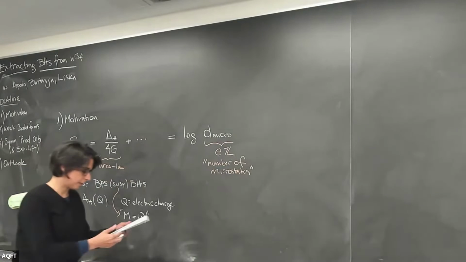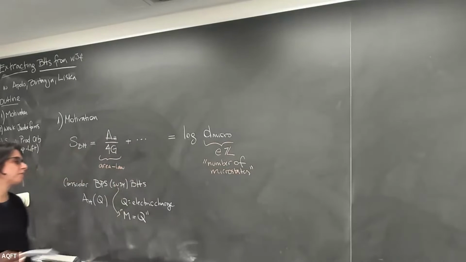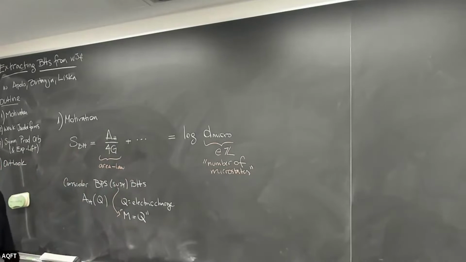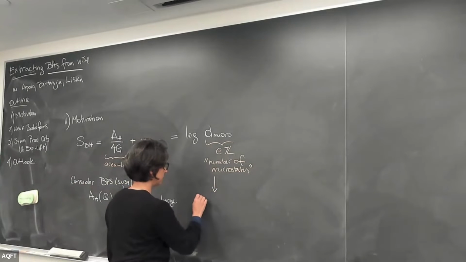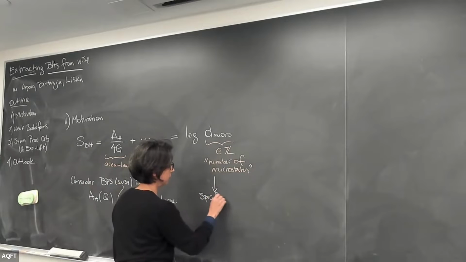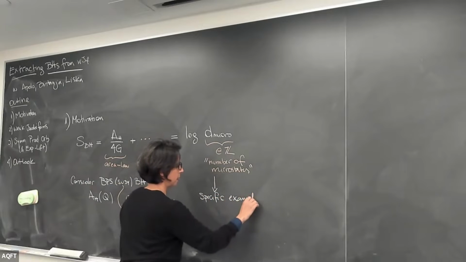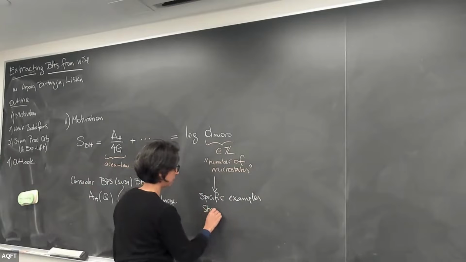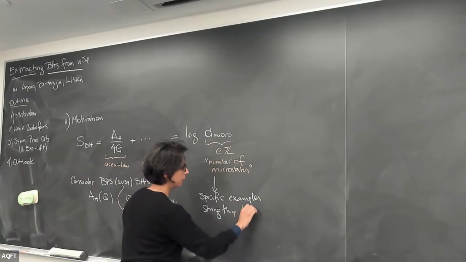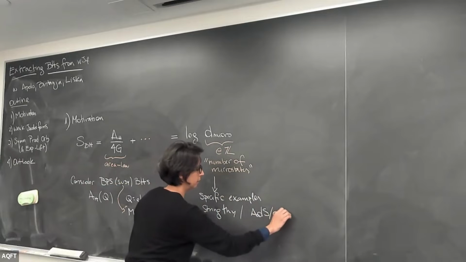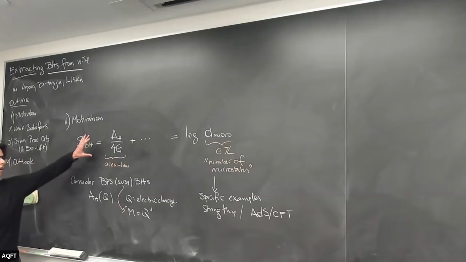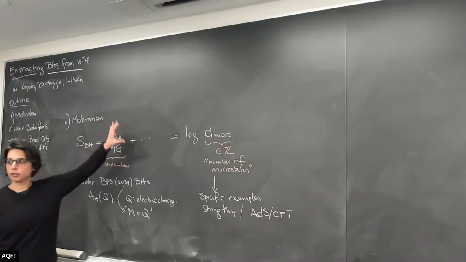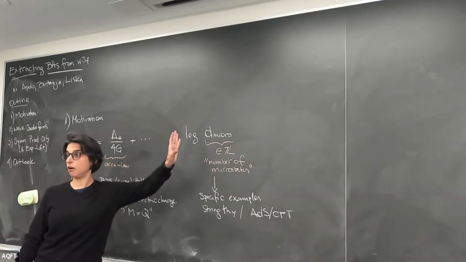And the success of it, the cases where we have been able to establish that this actually comes from counting things, is in the context of specific examples that come from either string theory or what we call AdS/CFT, where we have an understanding that these numbers that we compute from the gravitational side, if you include all of its corrections, will be the logarithm of an integer.